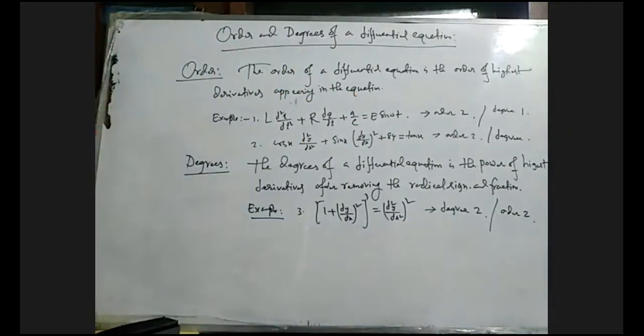The order of the differential equation is the order of the highest derivatives appearing in it. And similarly, the degree of a differential equation is the power of the highest derivatives appearing in it. So this is the definition and example of order and degree of a differential equation.